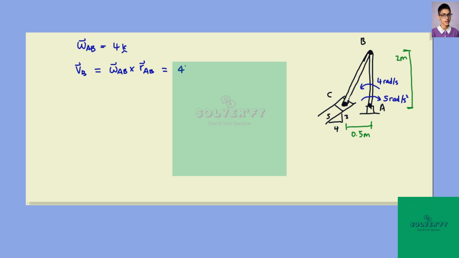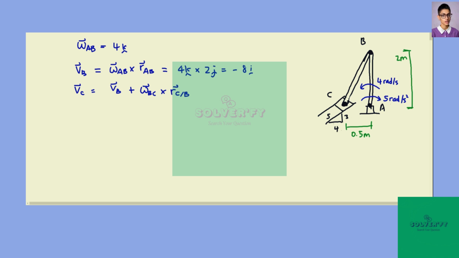So this is 4k cross 2j, so you get minus 8i. VC is equal to VB plus omega BC cross RC relative to B.